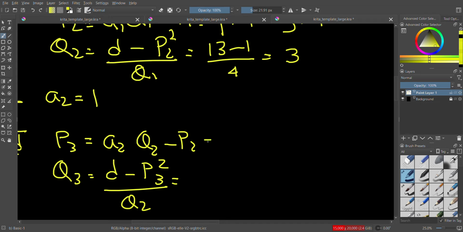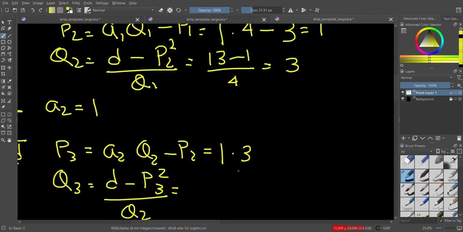Okay, so we said that A2 was 1, Q2 was 3, and P2 was 1, so this is 2, and then this is 13 minus 4 divided by Q2, which is 3, so that this is 3, right?